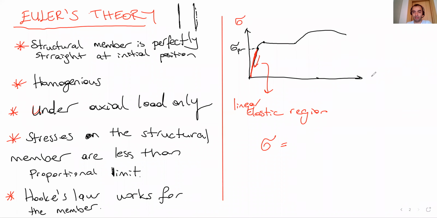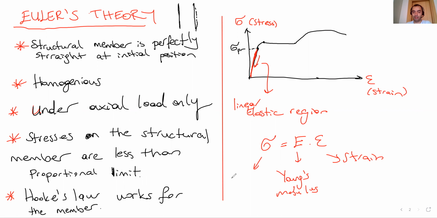By the way, this is sigma, stress, and this is epsilon, strain. E is Young's modulus, the slope of this linear region.